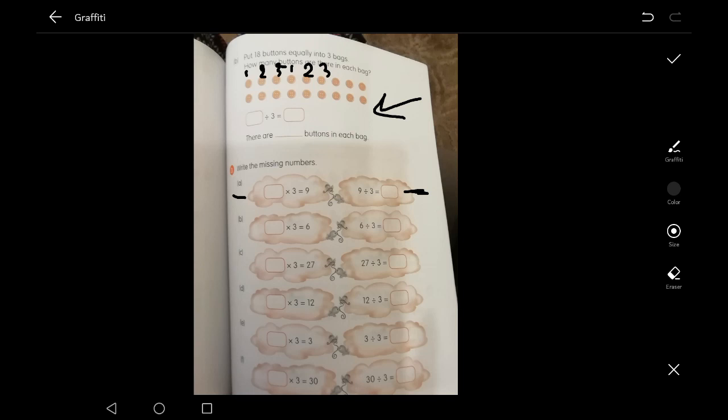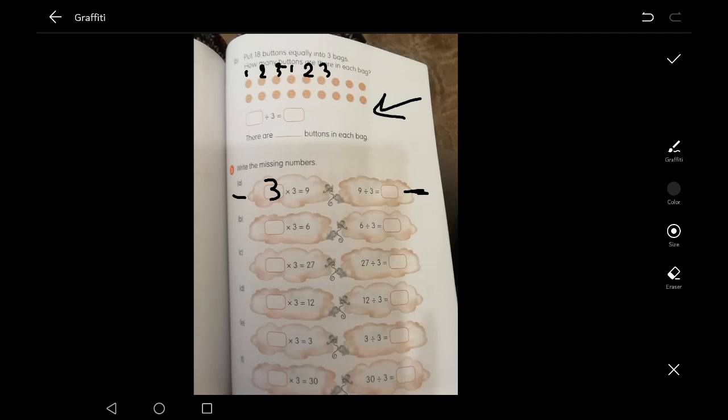As I told you before, we can't solve any division sentence without memorizing the related multiplication table. So here I can think of a number. What is the number that is multiplied by 3 and I get 9? The answer here is 3. 3 times 3 equals 9.